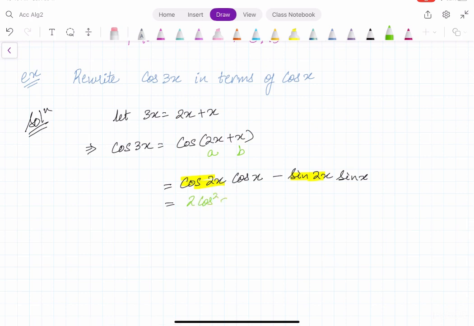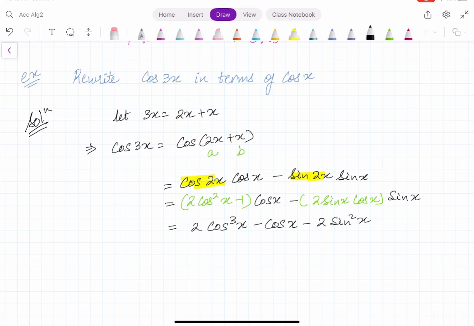So let's replace these double angle theorems. This time I would like to write 2 cos squared x minus 1 because I want to keep everything in terms of cos. And then sine 2x can be written as 2 sine x cos x. If we do distribution, we are getting this equation. But again, in this equation, we still have sine squared x. So let's replace sine squared x.